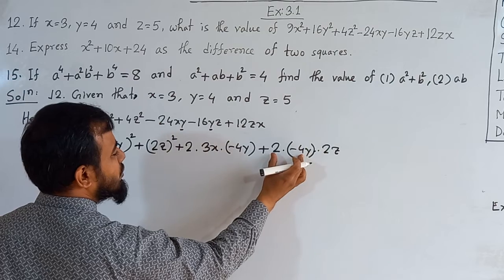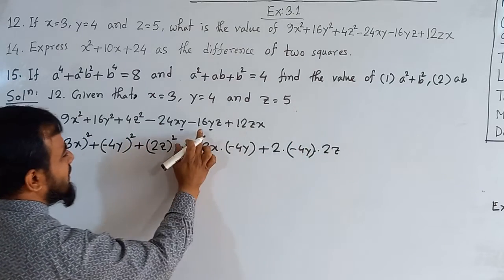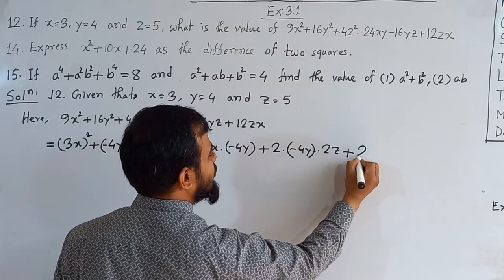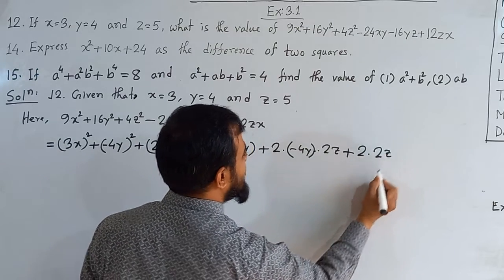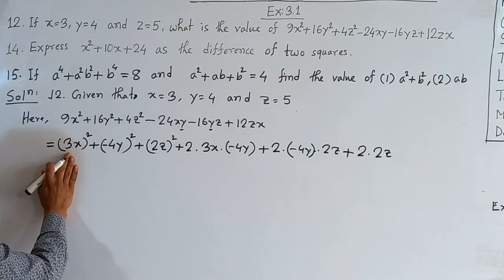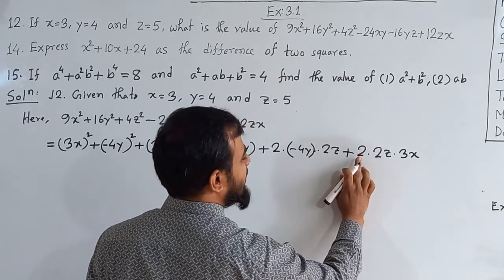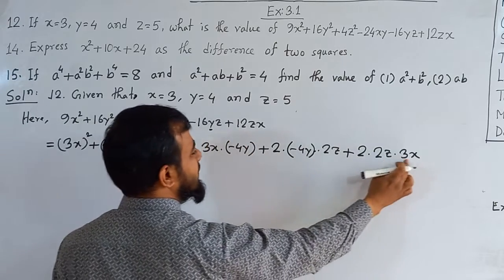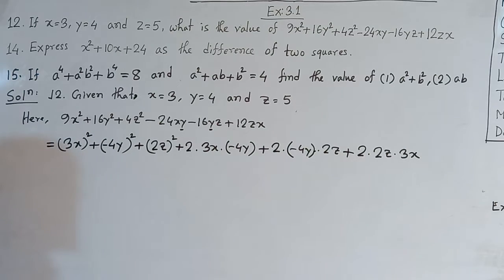Minus 4 and 2 makes minus 8, minus 8 multiplied by 2 is minus 16, which is minus 16yz. Plus twice ca: c means twice z and a means thrice x. 2 multiplied by 2 is 4, 4 multiplied by 3 is 12, which is 12zx. So this is our arranging of values.